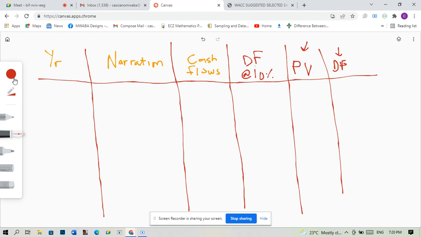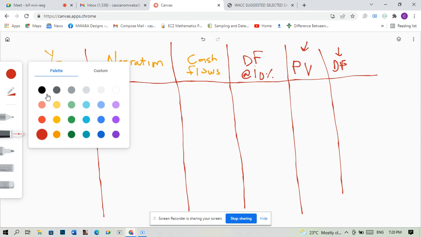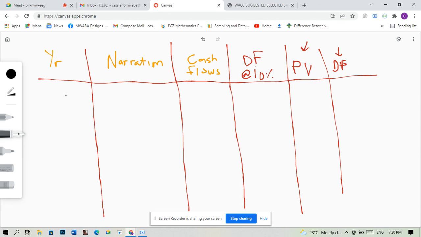Right. So we're going to start with year 0. Here we're going to put the market debt price.